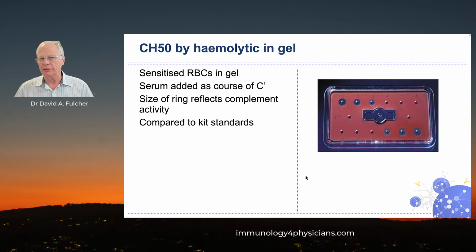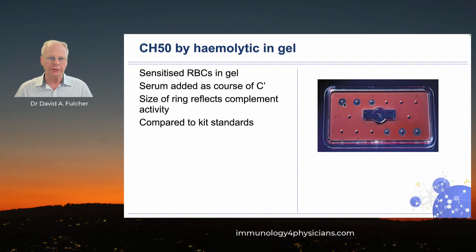One of which, and in very common usage, is haemolysis in a gel, where you basically do the same sort of thing, take sensitized red cells, in other words, red cells coated with antibodies, stick them in a gel, put them in the freezer or fridge, and then you add patient serum, and the serum will diffuse out through the gel.